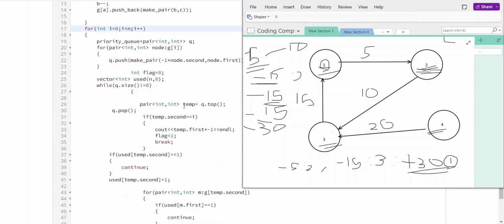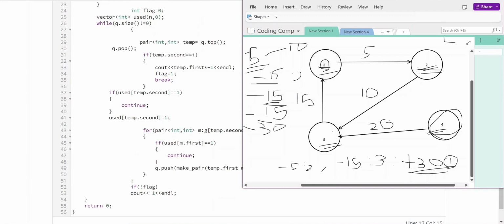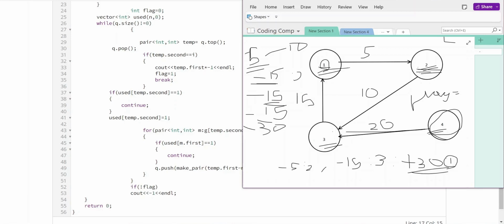Okay, so now we need to deal with a scenario where we are dealing with a node which is not receiving any edges. In that scenario we'll have to create something known as a flag. In case we are not able to return back to the solution, we print -1.